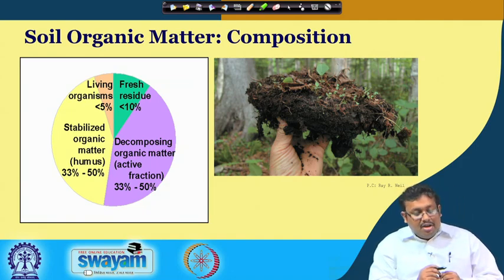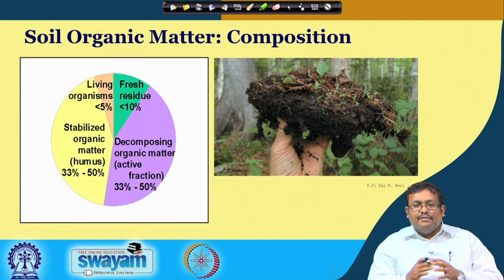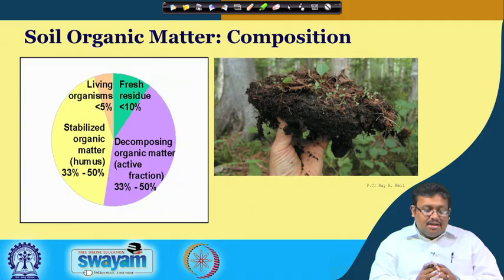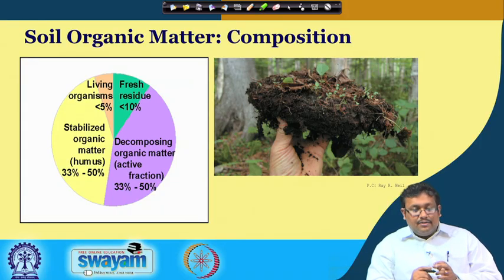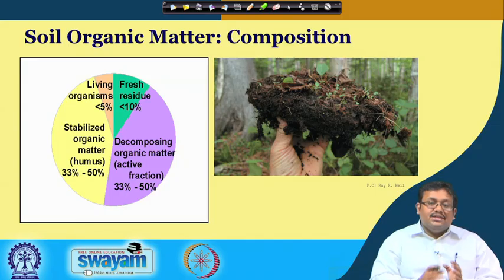Fresh residues, that means fresh leaf fall and fresh dead bodies of animals, constitute less than 10%, whereas decomposing organic matter, which is called the active fraction of soil, makes up about 33 to 50%.